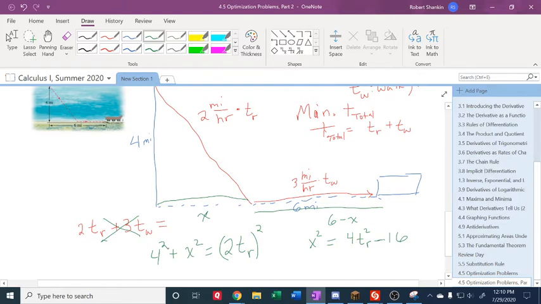So bring this 16 to the other side. So x is equal to, we know it's positive, so we only take the positive, the square root of 4 times the time rowing squared minus 16. So that's this one right here. So let's go to, Professor Shankin, I think you're missing a t squared under that square root. Thank you.